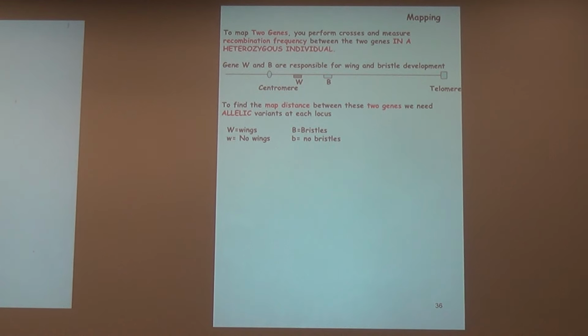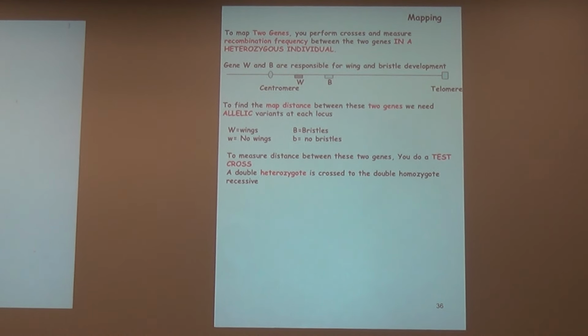And then we're going to look for recombinants. So, to measure distance between the two genes, you do a test cross, a double heterozygote, i.e. big W, little w, big B, little b, is crossed to a double homozygote recessive, little w, little w, little b, little b, a test cross, correct? That's what you do. Then you look for recombinants.